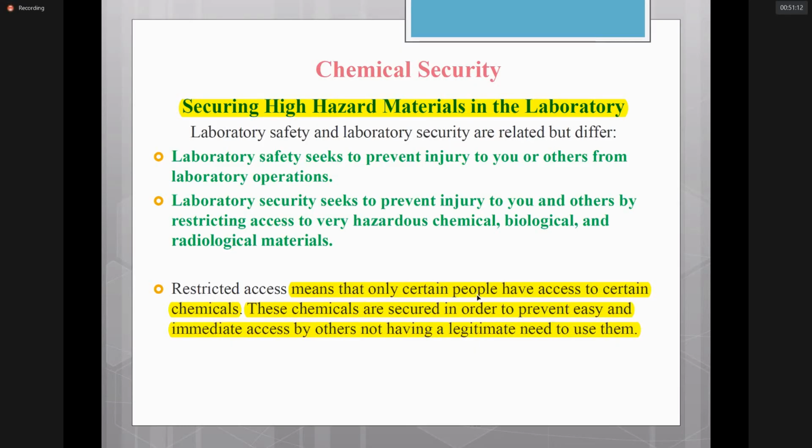These chemicals are secured in order to prevent easy, immediate access by other people that are not professional or legitimate to use these chemicals. فهذا هو أمن اللاب أو أمن المعامل، إن فقط أشخاص محددين professional personnel that have the access to the hazardous chemical, biological, radiological. Why? To prevent the injury قدر الإمكان.